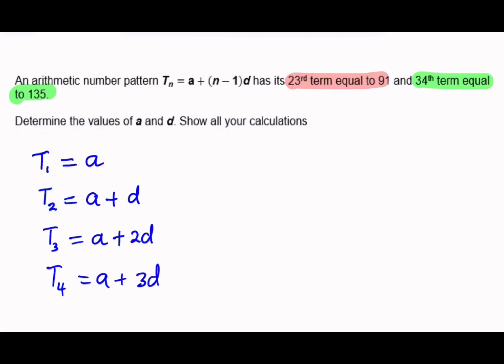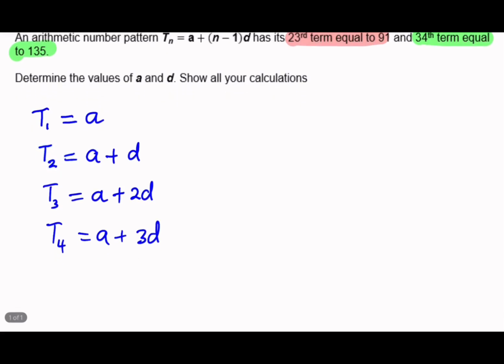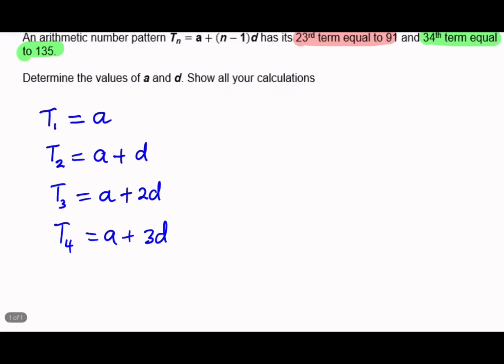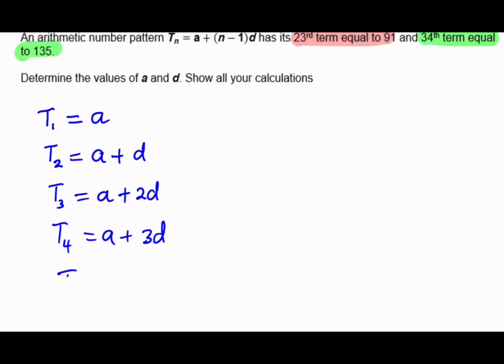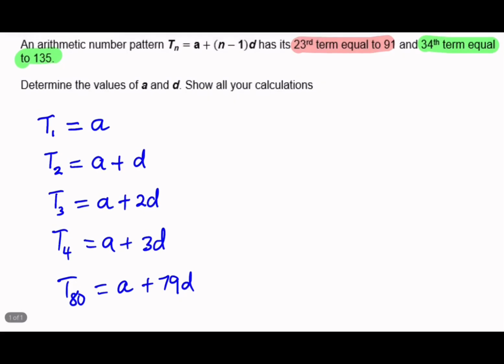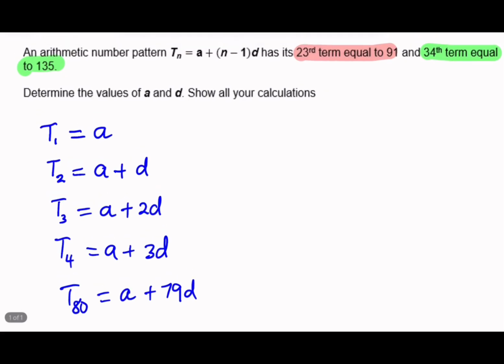You can see that for any term, it's one less multiple of d that you add. So if somebody said T80, that would be a plus 79d. That's important to always keep in mind, the pattern that emerges when dealing with arithmetic sequences.